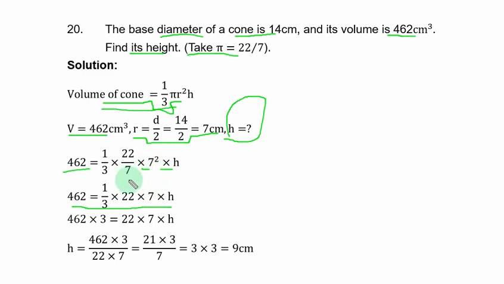Divided by 7, you are left with 7 here. Multiply through by 3 to clear fraction, you have this result. To get the height, divide both sides by 22 times 7. You have it in this form. After reduction, you have this result, and that is 9 centimeters.